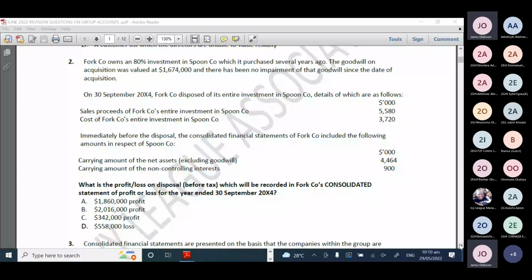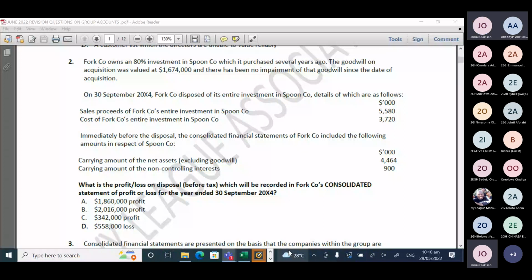So we have the proceeds, 5580. We have the carrying amount of the net asset, excluding goodwill. They said the following amount in respect immediately before disposal. That is at the date of disposal. The consolidated financial statement shows the following. Carrying amount of the net asset, that is what I mean by net asset at the date of disposal, 4464.